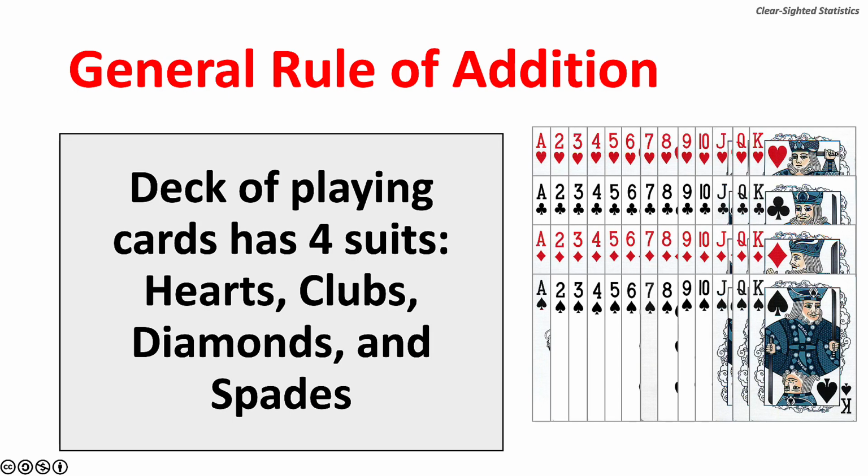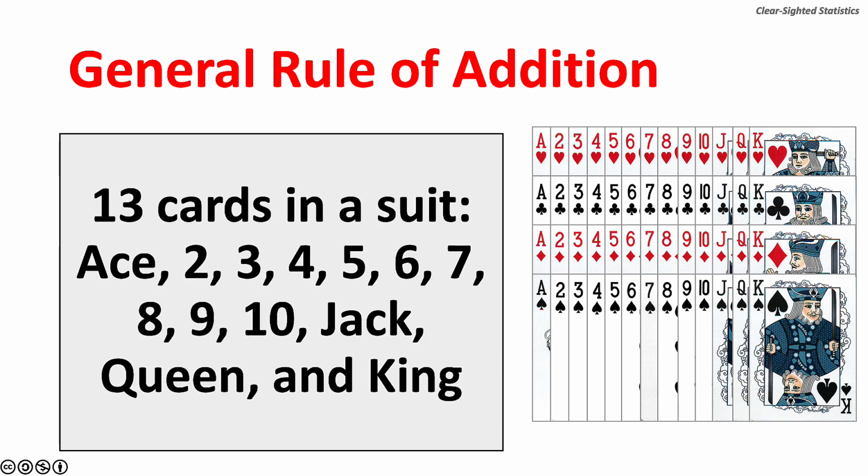For our example of the general rule of addition, we will use a standard deck of playing cards. The deck of cards has 4 suits: hearts, clubs, diamonds, and spades. There are 13 cards in a suit: ace, 2, 3, 4, 5, 6, 7, 8, 9, 10, jack, queen, and king.